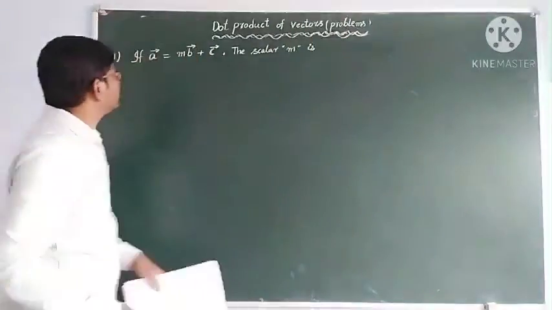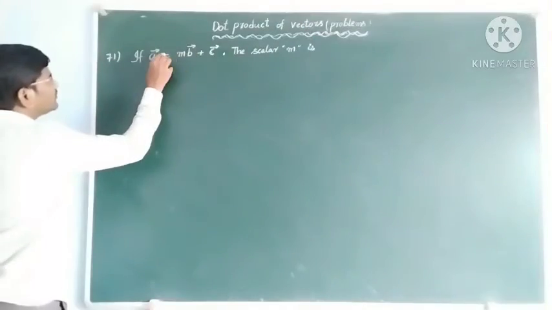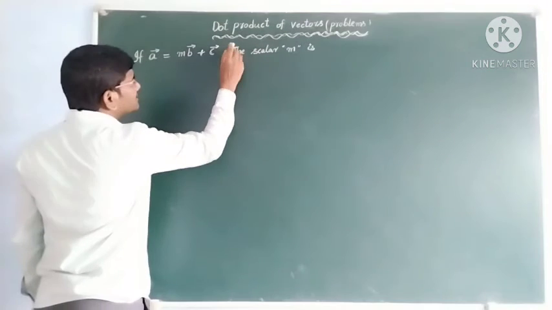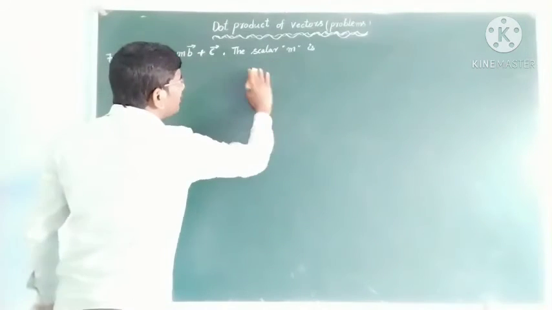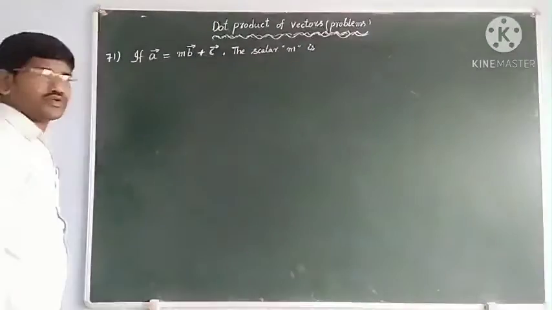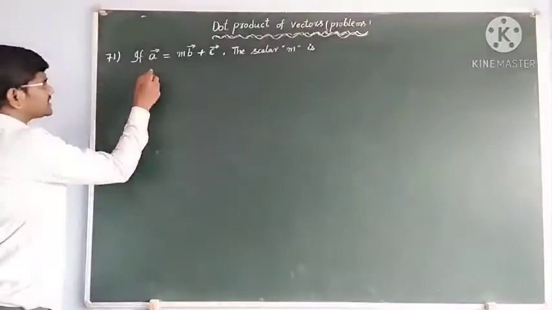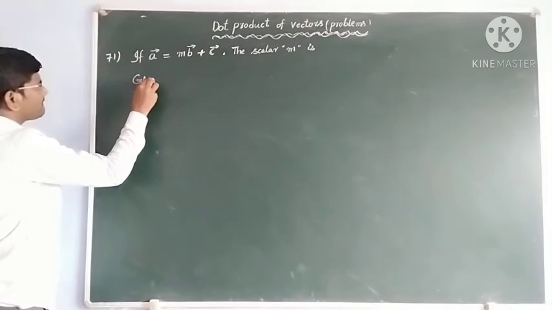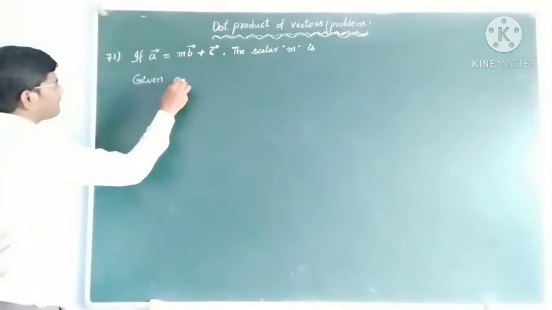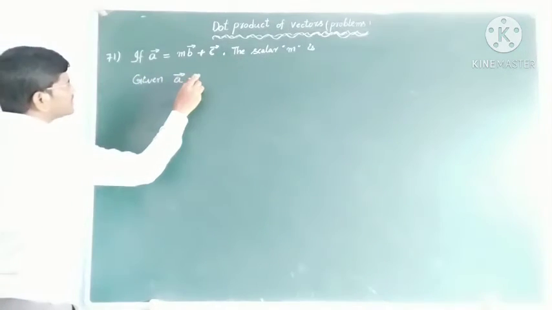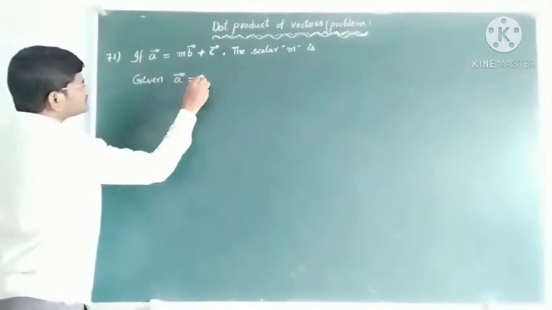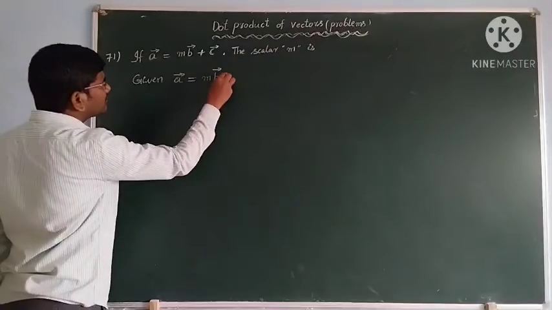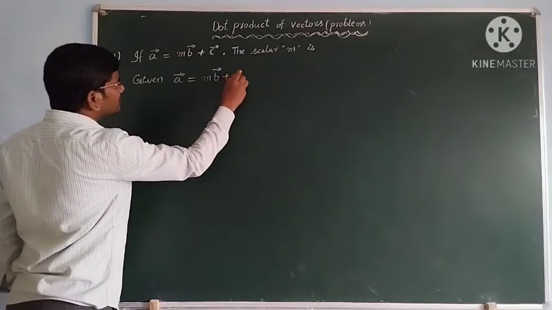Okay students, see, A bar is equal to M into B bar plus C bar. It's given like this. The scalar M is, then what is the value of M, they are asking. So fine. So what is given, you see students? A bar is equal to M into B bar plus C bar.